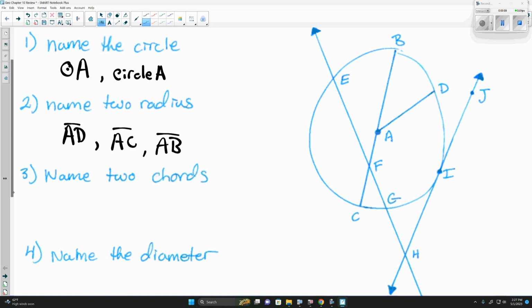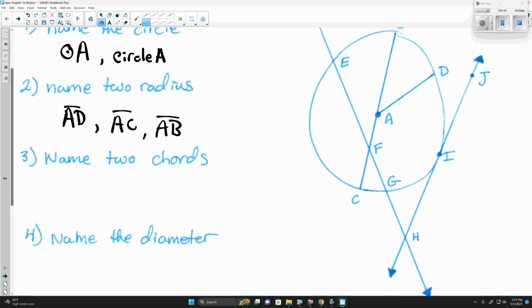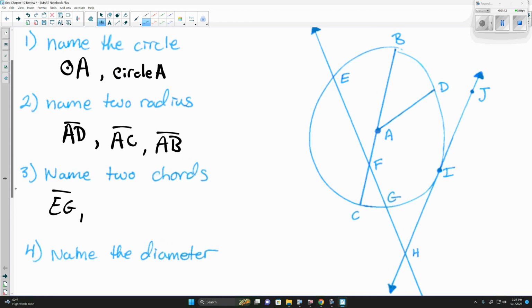Question number 3, name 2 chords. A chord is any line that connects 2 points on a circle. So EG would be a chord. We would also have BC. Any line that connects 2 points on a circle. FG would not be because F is not on the circle.